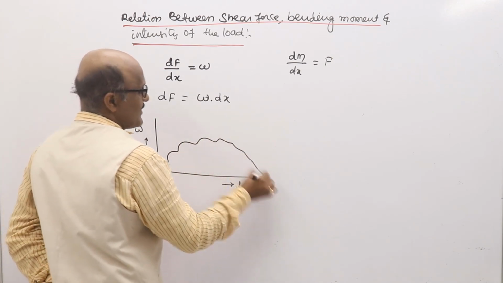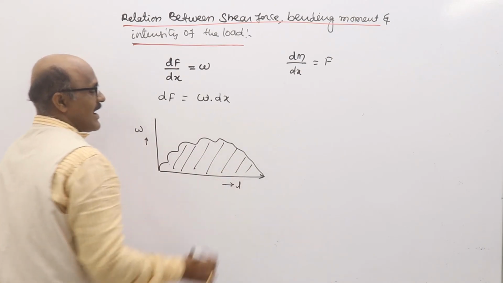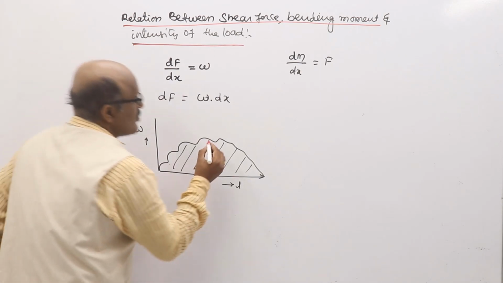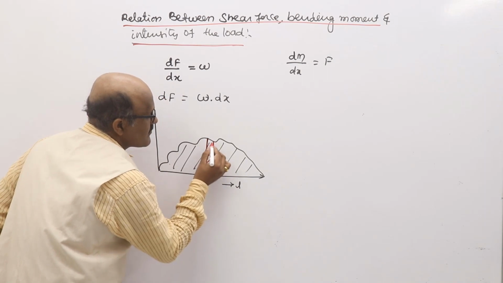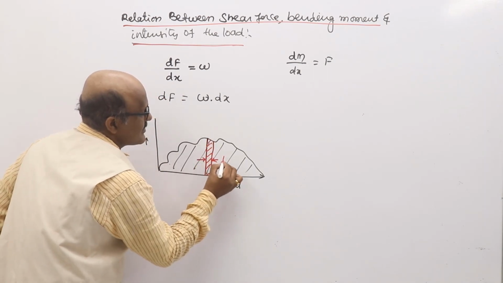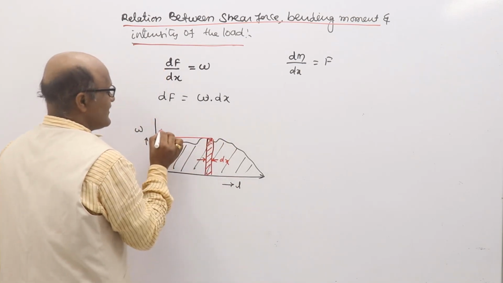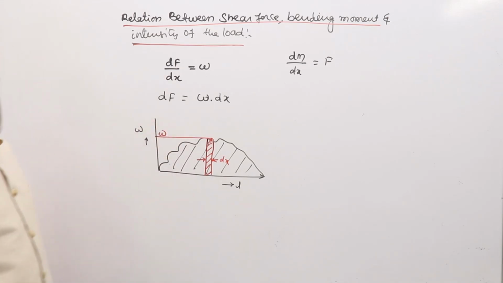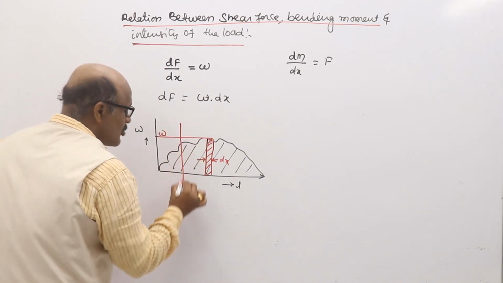Sorry, this is the intensity of the load diagram, my dear students. For a small strip, I consider a small length of the beam, dx. For a small length dx, what is the force? Here the load is w. I want to find out the shear force between the 2 points.